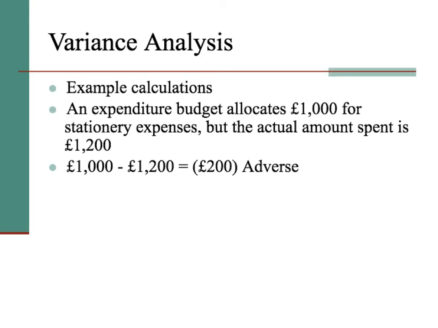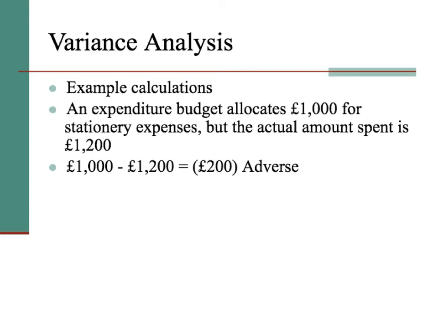So I've introduced a term here and I've said that this is going to be an adverse budget amount. So the question we're going to ask ourselves for expenditure budgets are, I have planned to spend £1,000. I actually spent £1,200. Is that more?